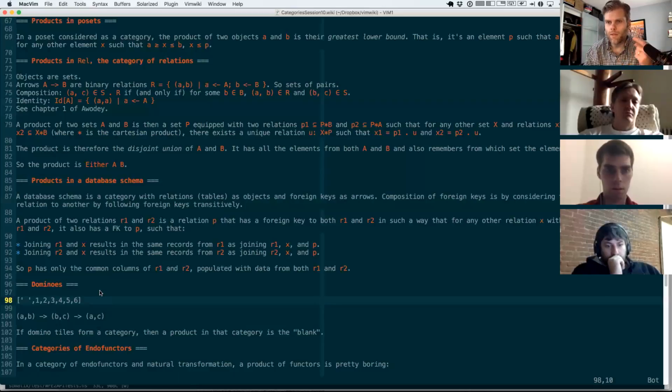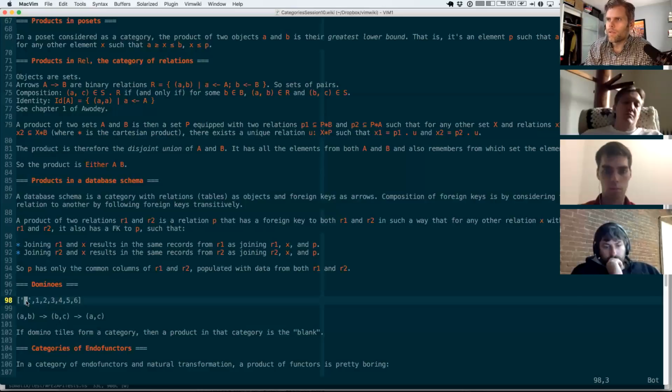But there's definitely a unique one from each one of these 1, 2, 3, 4, 5, 6 and blank. There's a unique arrow into it, which is the tile that has, you know, one on one end and the blank on the other, or two on one end and a blank on the other, right?